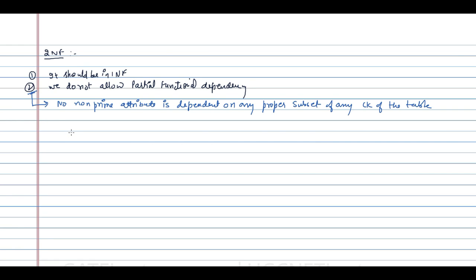the relation is in 2NF because it is based on fully functional dependency, and we do not allow partial functional dependencies.